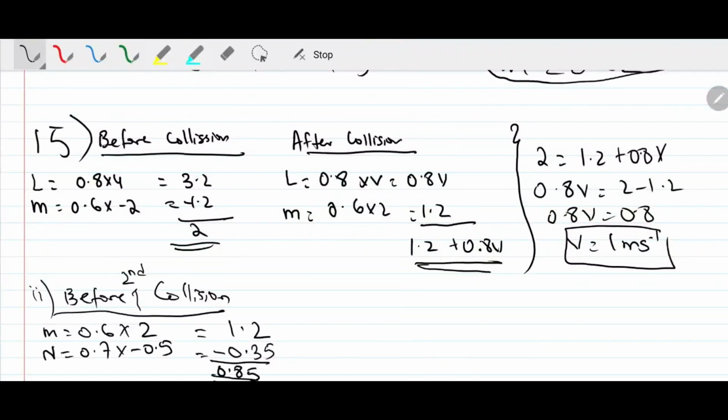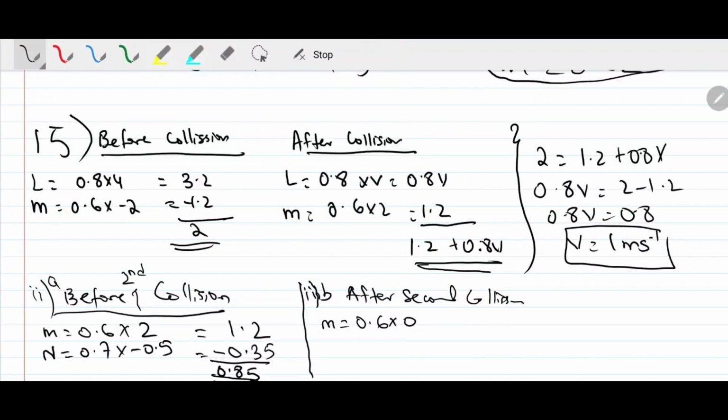Given that M is at rest immediately after this collision, find the speed of N immediately after this collision. So the next part is, after the second collision, M comes to immediate rest.